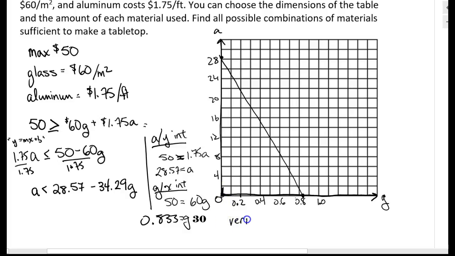So I'm going to verify. 0, 0 works. I'm going to plug it in. 0 here, 0 here. 0 is less than or equal to 50. That is true. So I can say that my solution set is this section here.